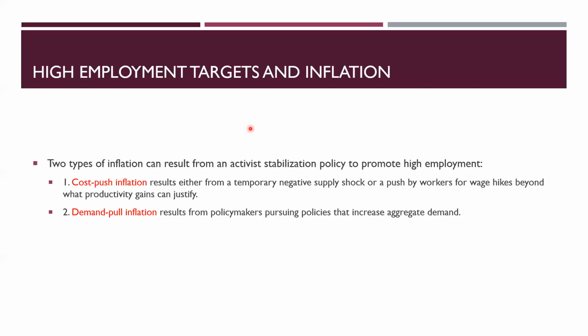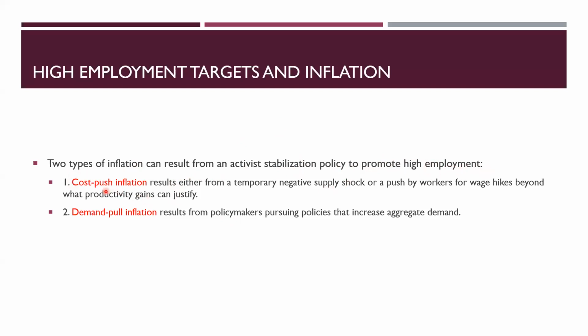If we agree that inflation is bad, why do governments continue to pursue inflation targets, or why do governments witness high levels of unemployment? There are explanations for that. They may want to increase the inflation targets, or they might have high employment targets. So there are two types of inflation that result from an activist stabilization policy to promote high employment.